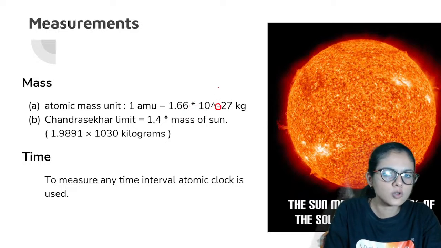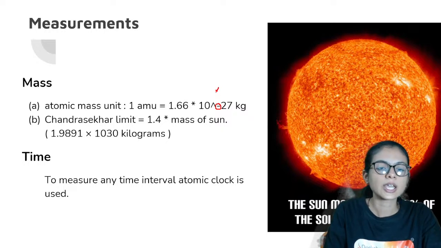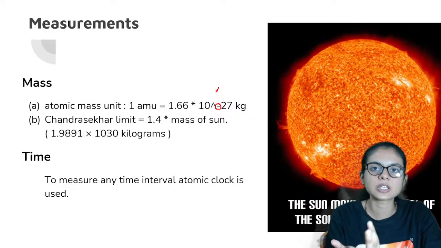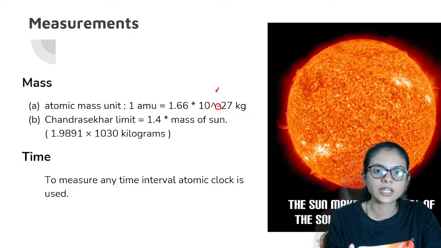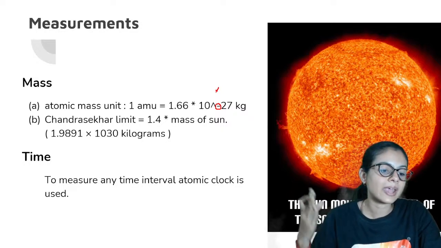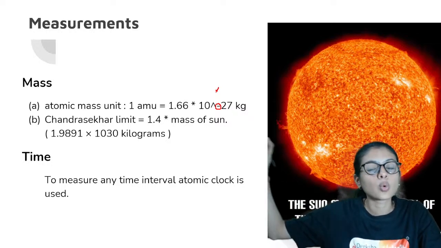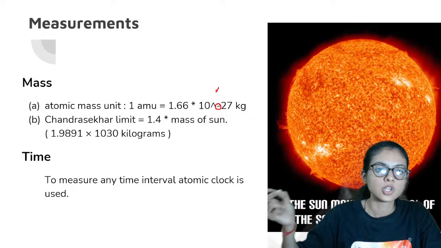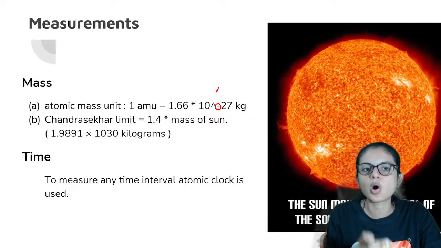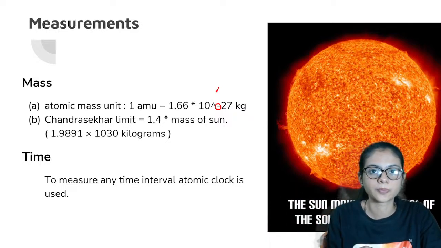You can imagine how small it will be. It's not 1 kg, it's not 0.1 kg, right? 10 power minus 27. So you can imagine how small a mass we are talking about.